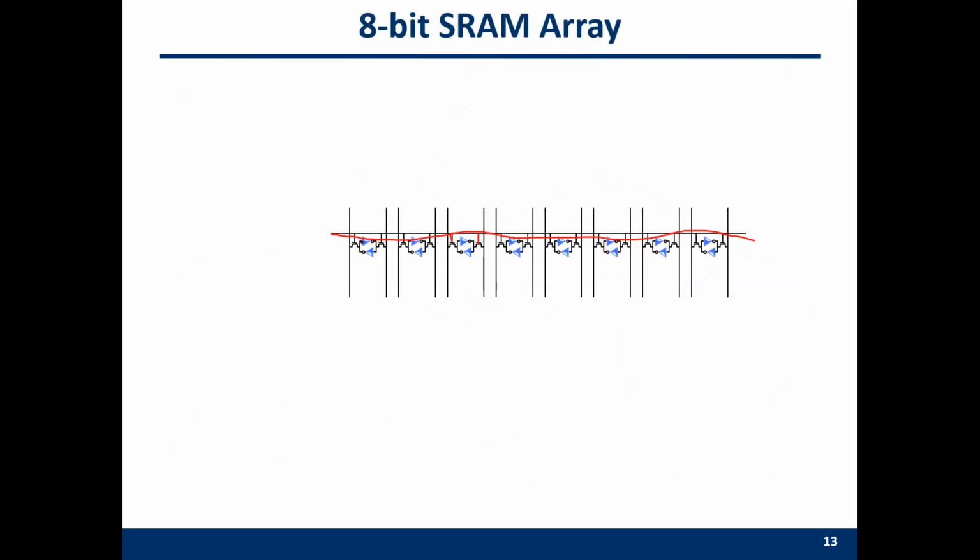So if all the cells here share the same line, then by providing a one here, I can access all the cells here. And the data of these cells will flow from the cell to the bit line. The vertical line is the bit line. So when I apply a one here, I can get the data here, for each cell. So by this one single signal, I can control all the cells in one row.